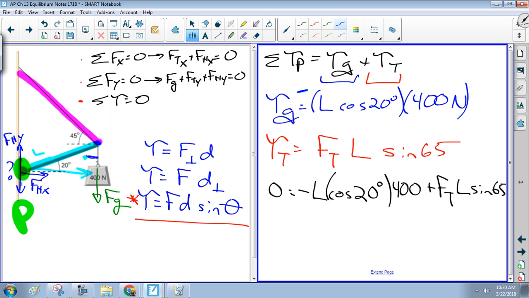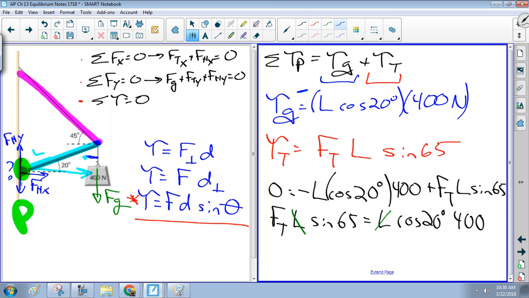So notice when you do this, you get the force of tension times L times the sine of 65 equals L cosine 20 times 400. Cool. So the L's cancel, right?